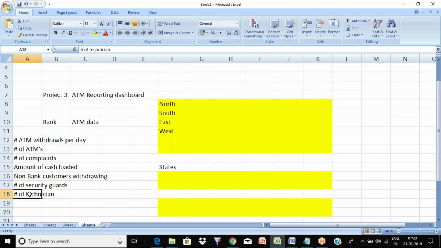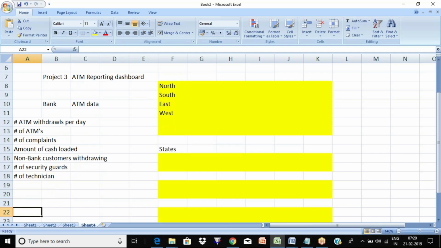Okay, one of the other things Premdeep is saying is the amount stuck while deposit. So, should we consider the number of servers connected for all the ATMs? Yeah, that will be too detailed.